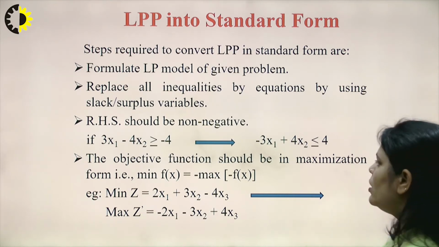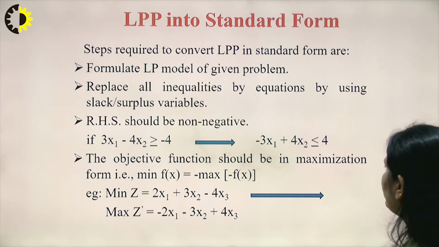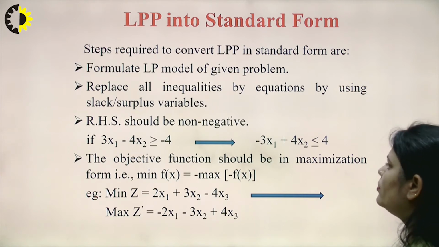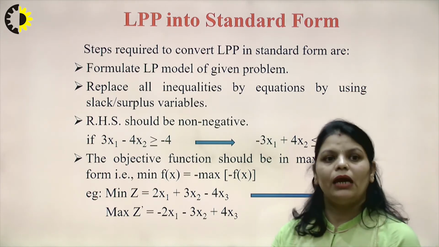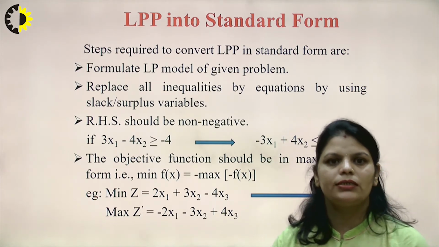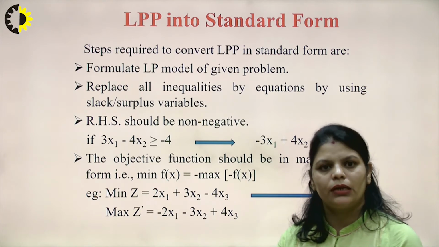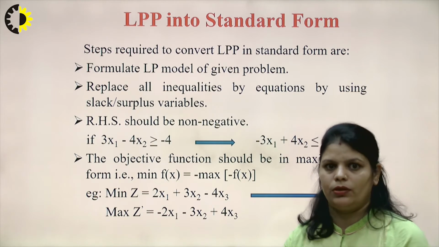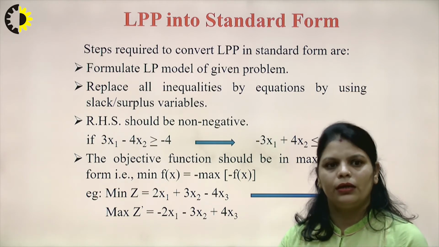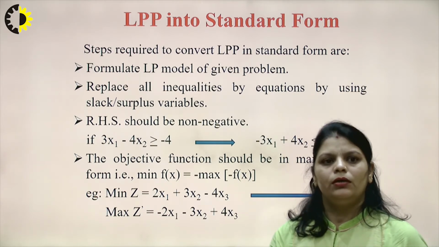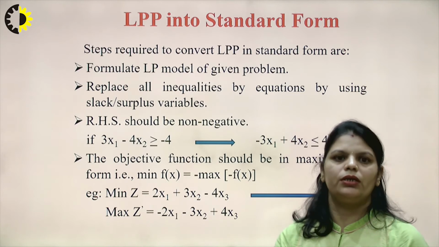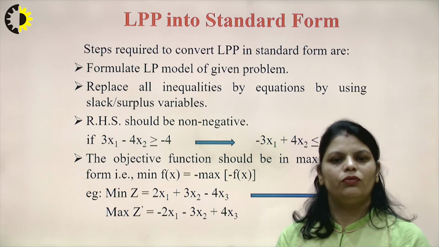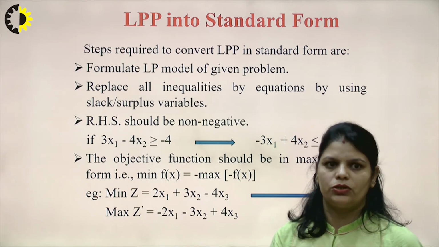Clear? So the objective function should be in the maximization form, and we have to ensure before using the simplex method that the simplex method can be used for maximization problems only. So if in any problem a minimization function is given, then we have to convert it into the maximization form.